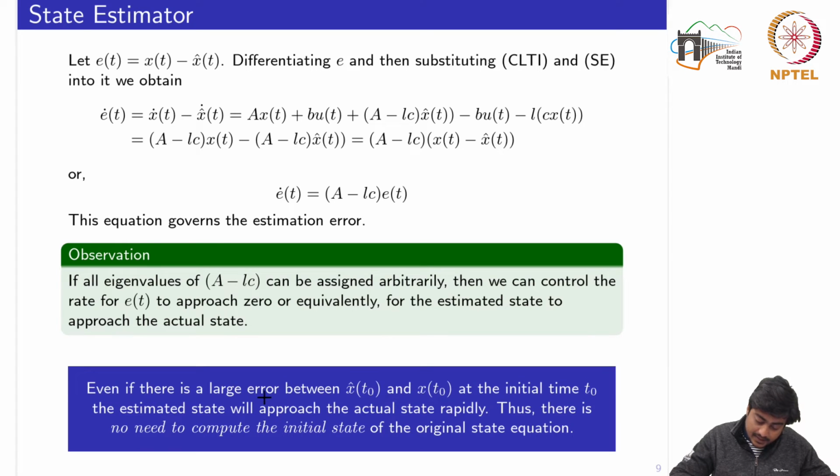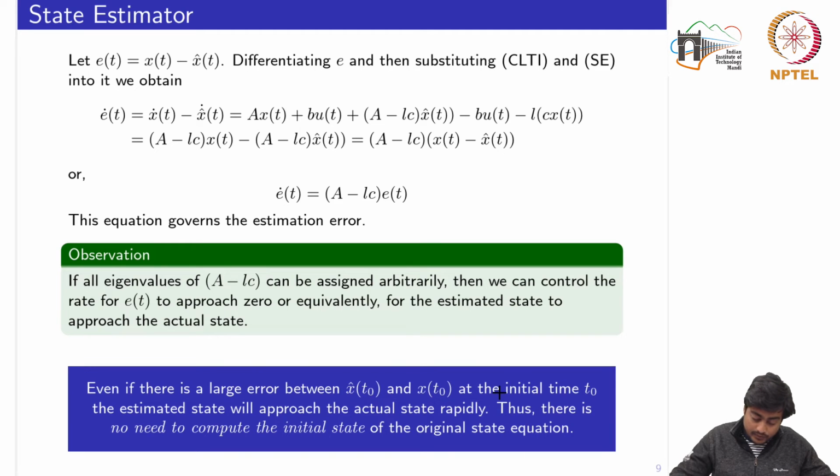Now, even if there is a large error between the initial conditions of the actual state and the estimated state at some time t0, the estimated state will approach the actual state rapidly. Thus there is no need to compute the initial state of the original state equation.